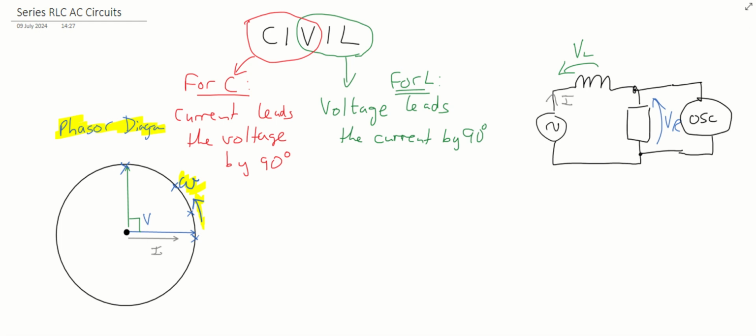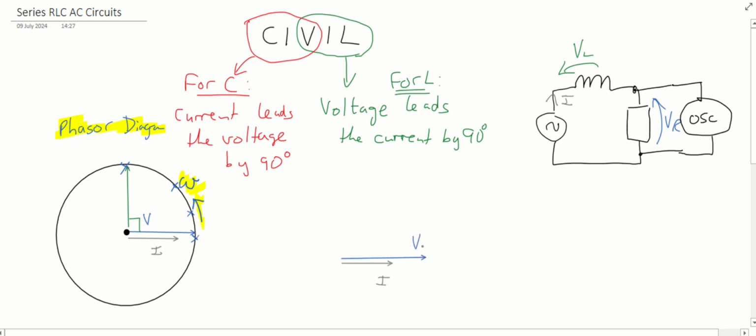Okay, so we drew this out again. So let's say we have the current here. Just move it away from this circle, so the current would go that way. So the voltage across the resistor would go to the right like that. So this is your reference point. And for the inductor, as it says there, the voltage would lead, in terms of rotating this way, the current VL by 90 degrees.